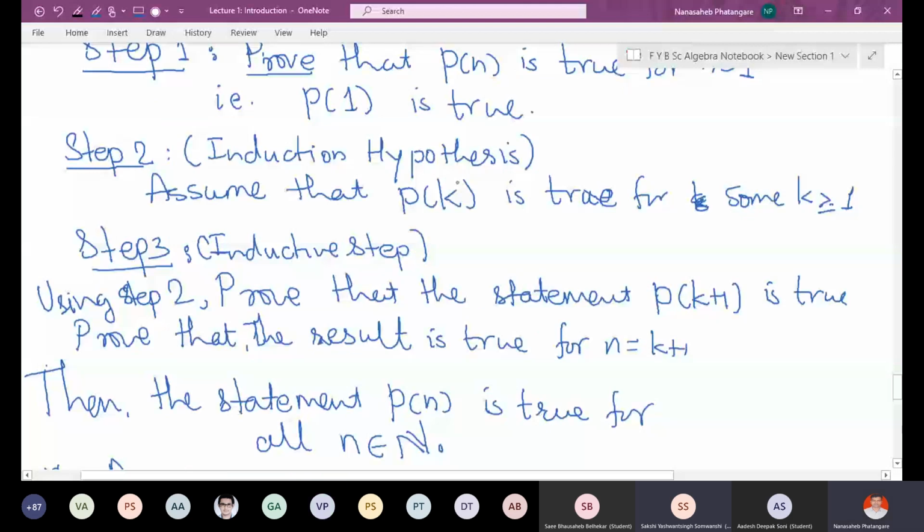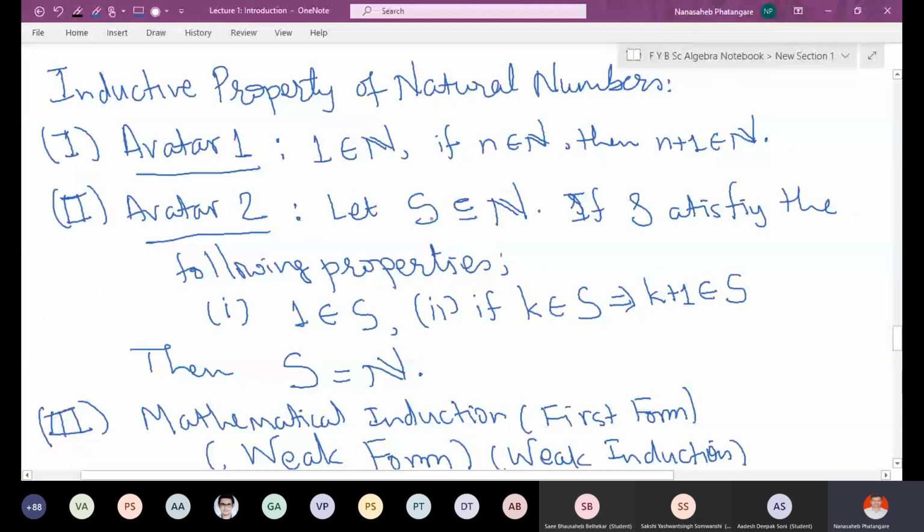Yeah, so this is a kind of axiom. Axiom means the basic setup of natural numbers. What it says, you need to understand in an abstract manner. You choose any subset S of natural numbers, and suppose it contains the first natural number, and if you choose any element from that set S and add 1, the next number is also in S, then set S itself is equal to the set of natural numbers.